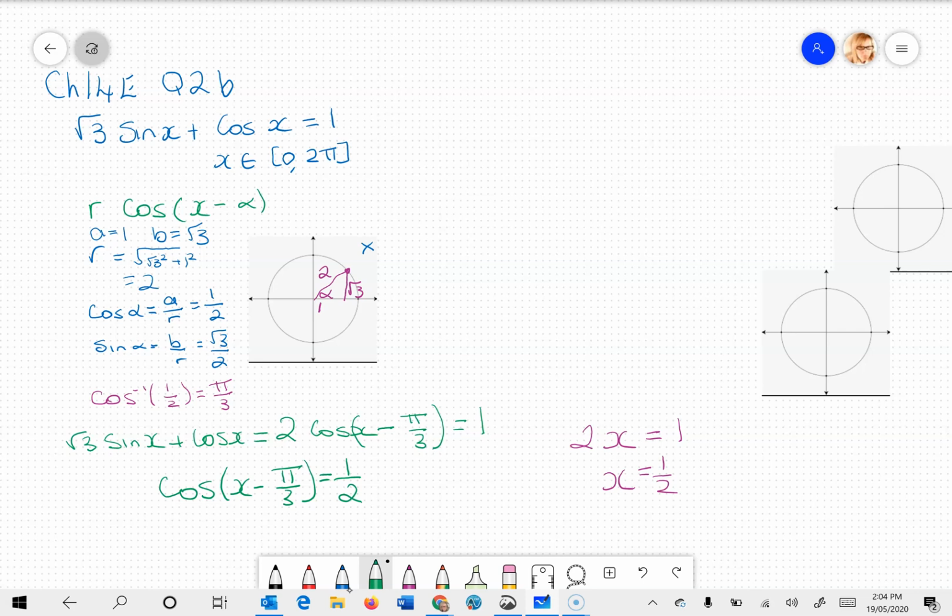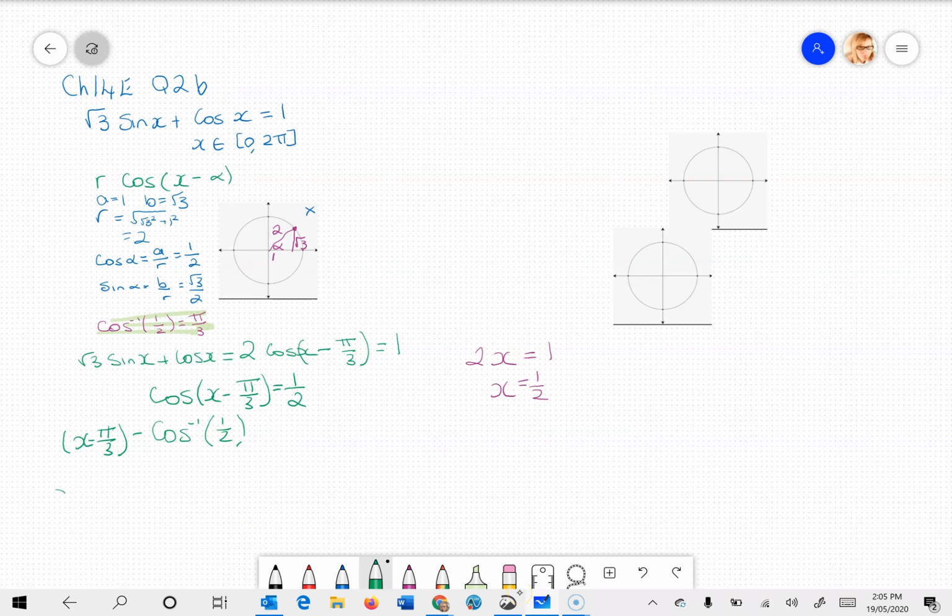Which means I'm going to find all the values for x between 0 and 2 pi such that they equal 1/2. Now, up here we used inverse cos, so down here we might as well use inverse cos as well. So cos to the minus 1 of 1/2 is our x minus pi over 3.